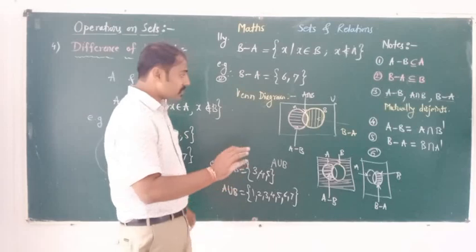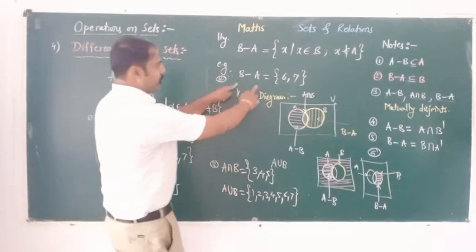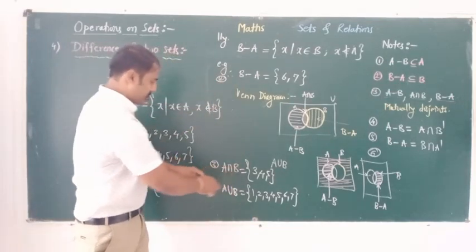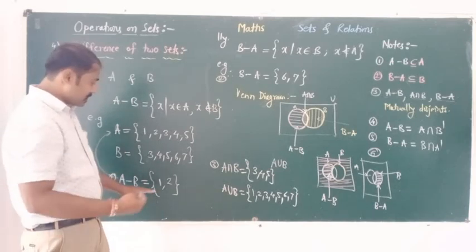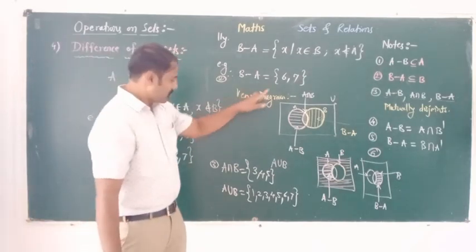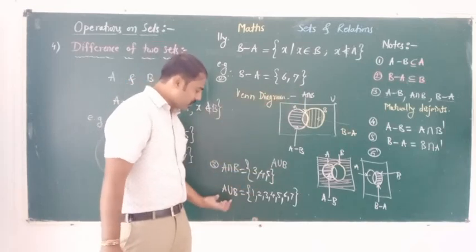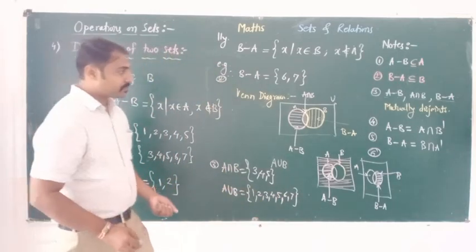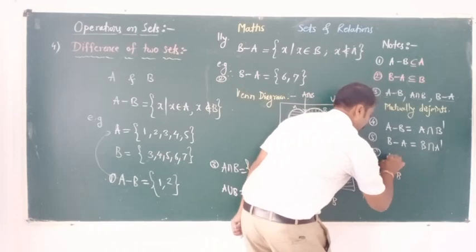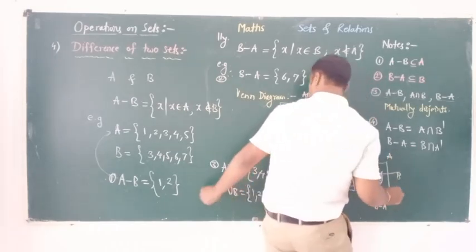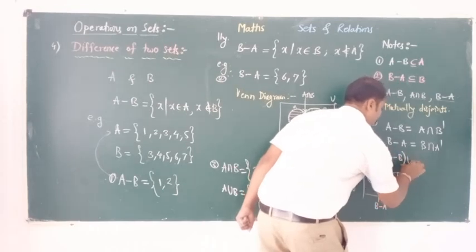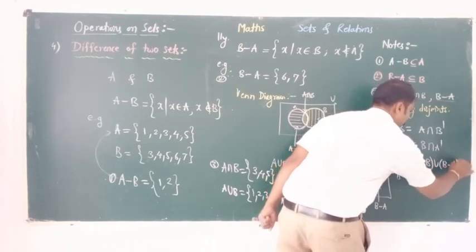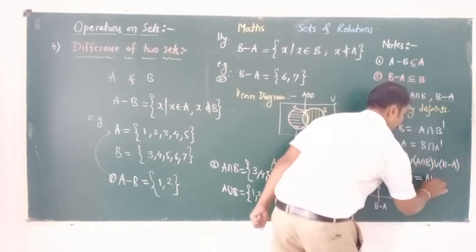If I take the union of A minus B, B minus A and A intersection B, these three sets, then it is the set of elements 1, 2, 3, 4, 5, 6, 7, which is nothing but A union B. Okay, so the sixth property is A minus B union A intersection B union B minus A becomes A union B.